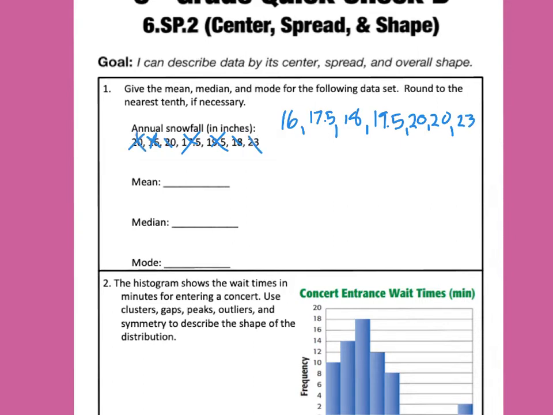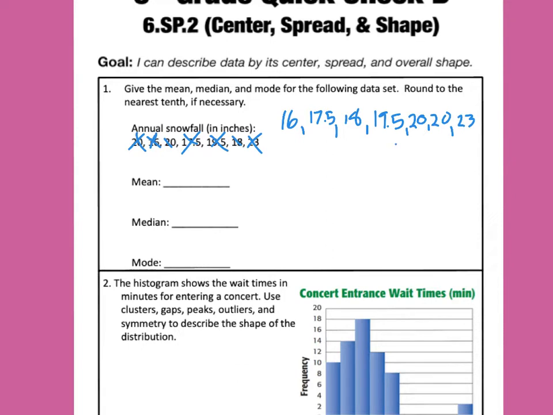So, we'll just do these in order now that you know how to find the mean. We're going to find the mean by adding them up and dividing by how many there are. So we're going to go 16 plus 17 and a half plus 18 plus 19 and a half plus 20 plus 20 plus 23.